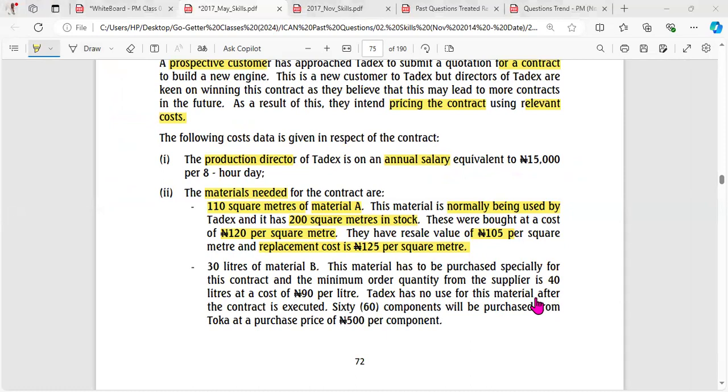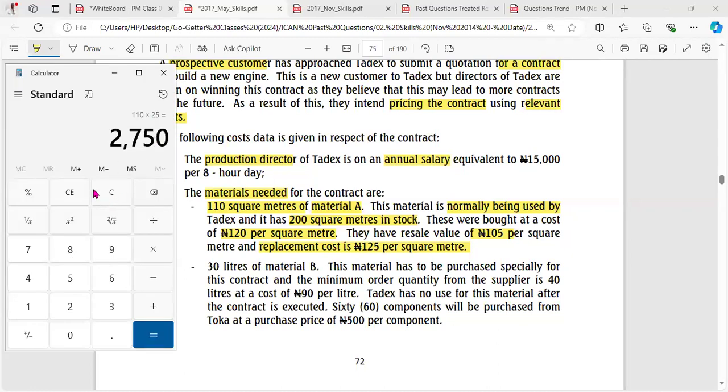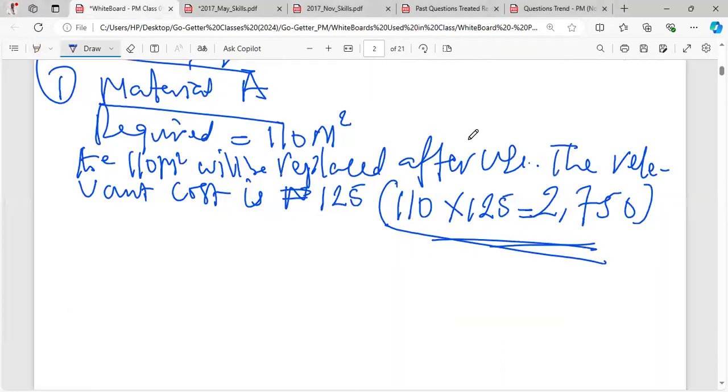Someone says 13,750. Okay, maybe my calculator is... oh, I went to put 25, sorry. 110 times 125, 13,750. Thank you so much. Sometimes your calculator may put you in problem, so you need to know what you are writing. 13,750.